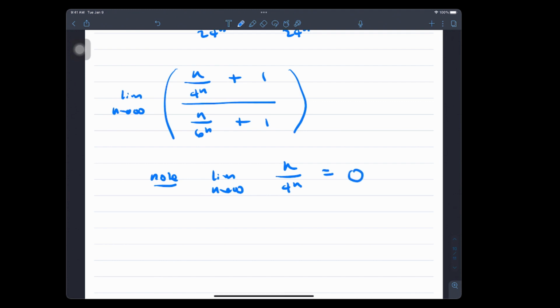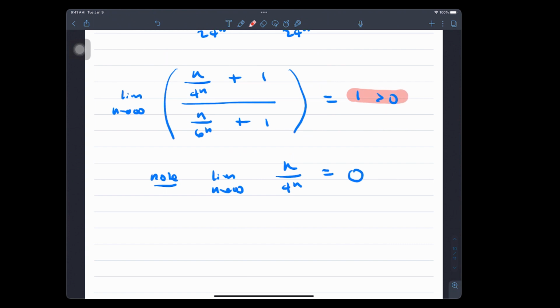Do you guys know why that's 0? Why is that 0? Yeah, your denominator is exponential increasing and the numerator is not. So those things go to 0, which really means this limit is 1, which is positive and finite.